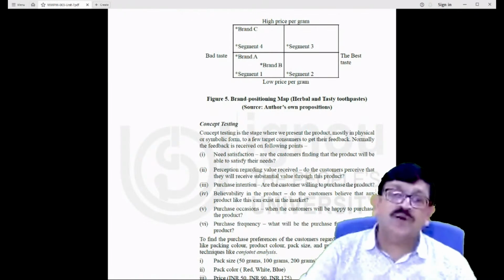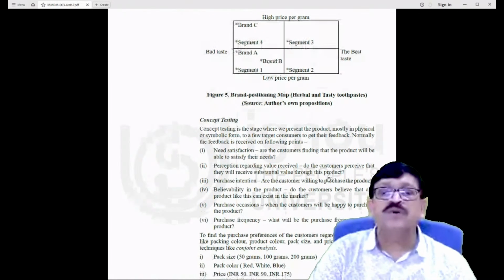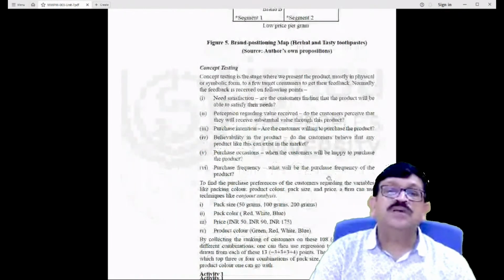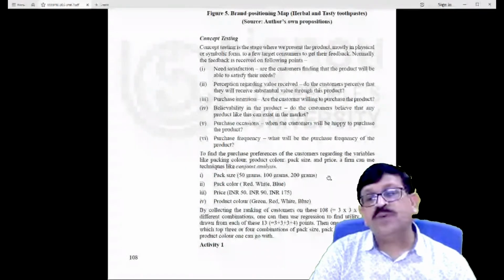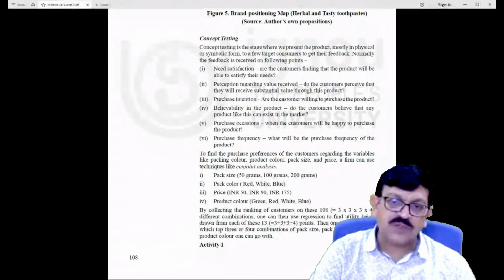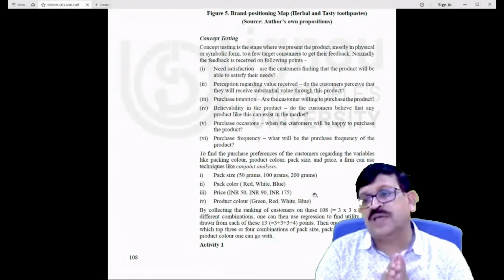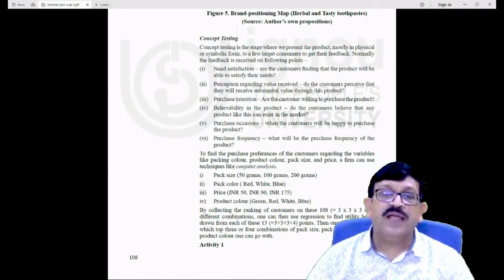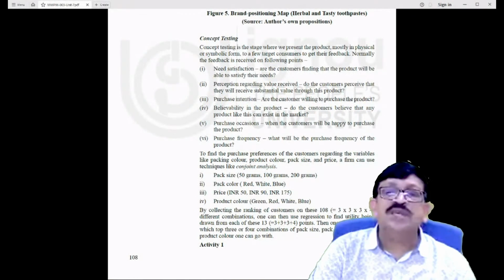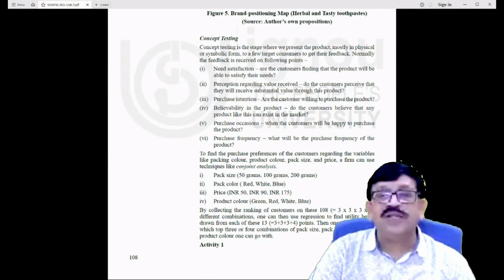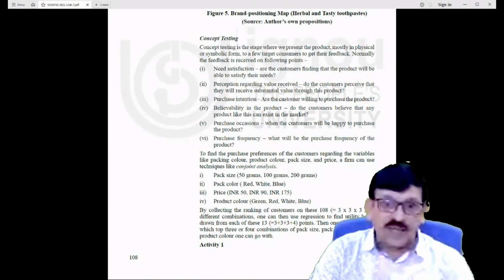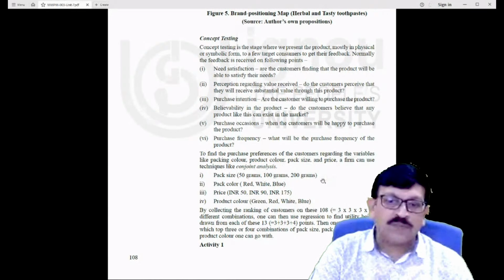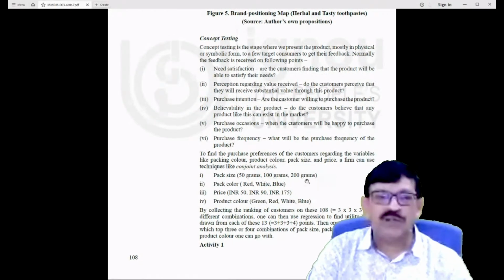So based on this concept testing, we can work out the variables which the customer could be considering while making purchases. The purchase preferences of the customers can be looked into by these variables. Like in this case, as you can see here, they have used content analysis to arrive at what kind of combination is available to them.